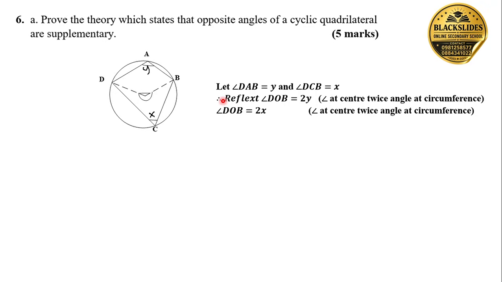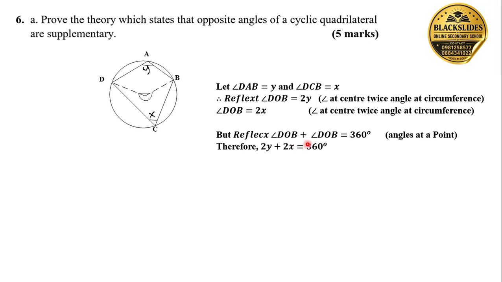So upon adding the two angles, the reflex angle here and the one inside, the result is 360 degrees. These are angles at a point. So we know that the reflex angle is 2y and the other angle is 2x.